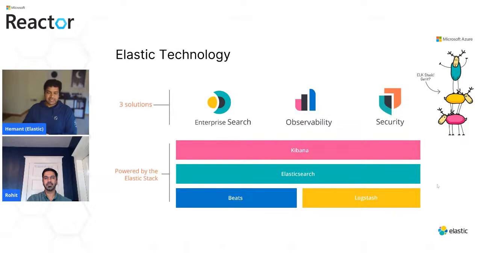Security is another use case where a lot of the users who are getting data for observability needs also realize that there is an overlap of the data sources for security teams. So the SecOps teams leverage Elastic and the security solution powered by Elasticstack to address those needs.